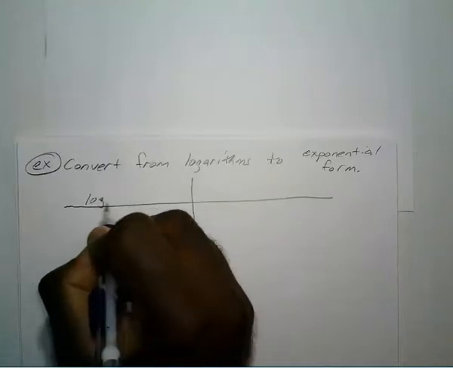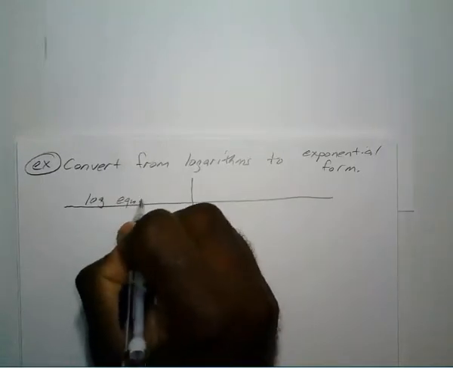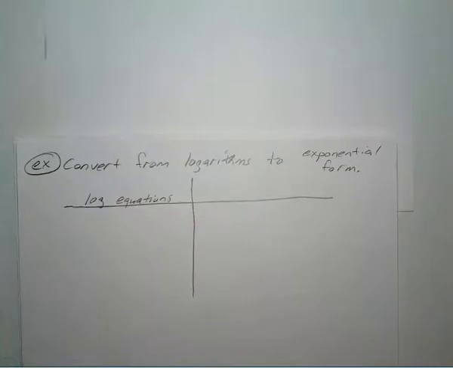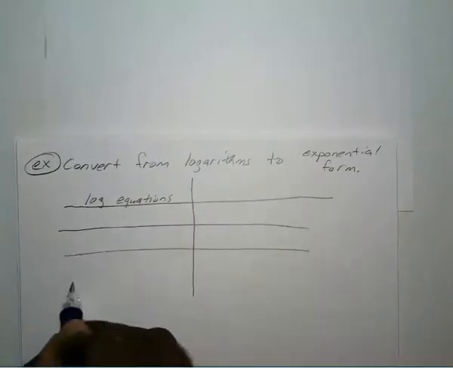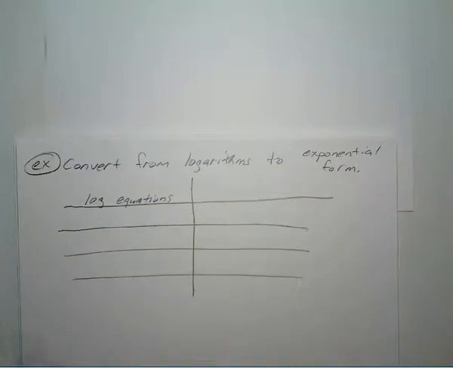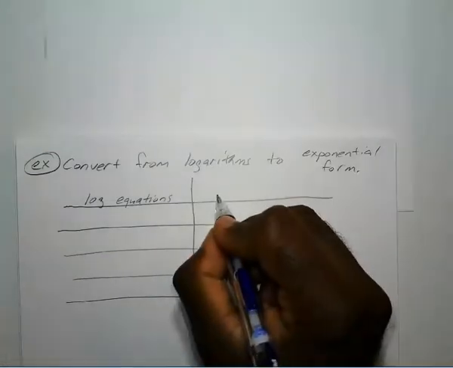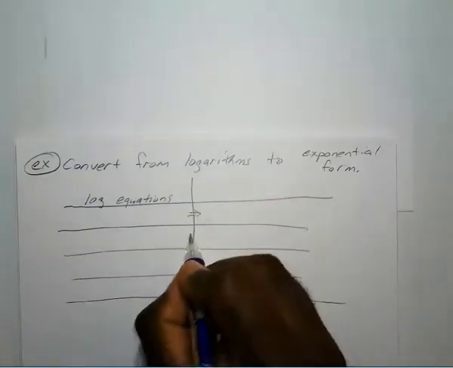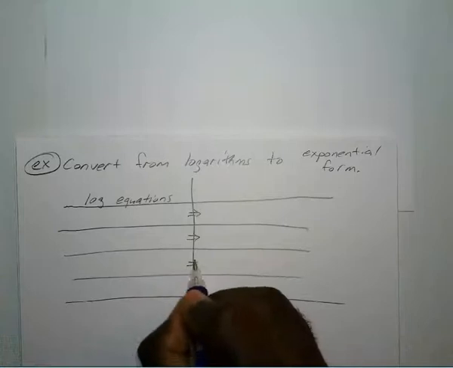We have our logarithmic equations, so let's say 1, 2, 3, 4. And we want to convert them to exponential form.